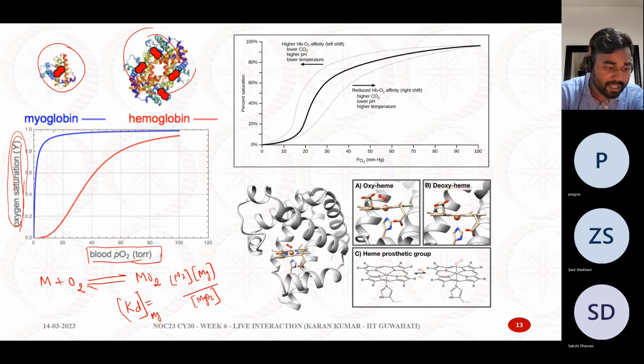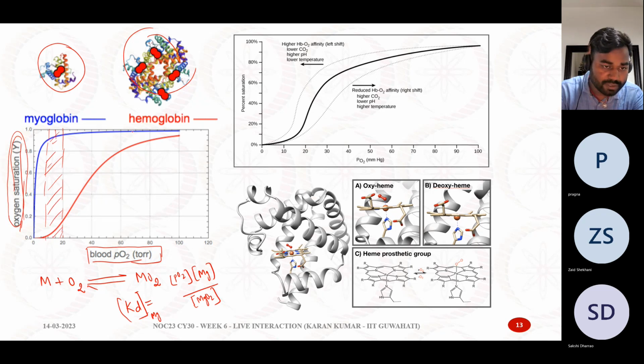Hyperbolic characteristic means, according to its Kd value, myoglobin will be saturated even at a lower concentration. That means in the muscle condition, normally in muscles, the partial pressure of oxygen is very low. This is muscle.